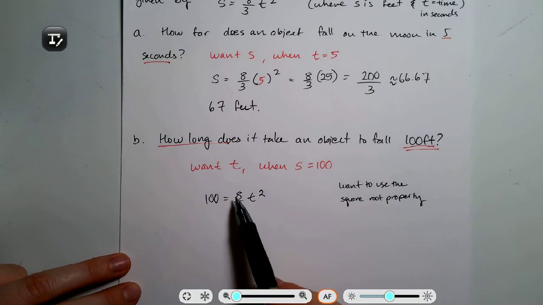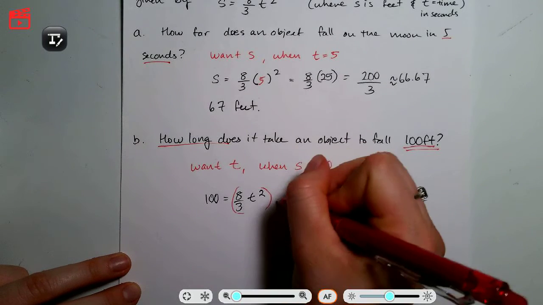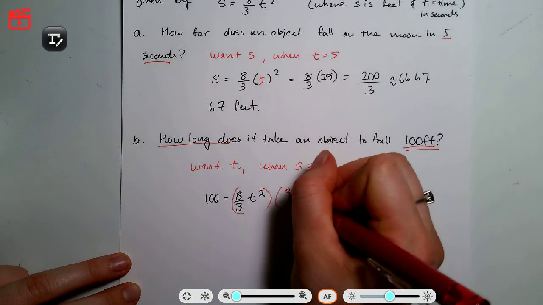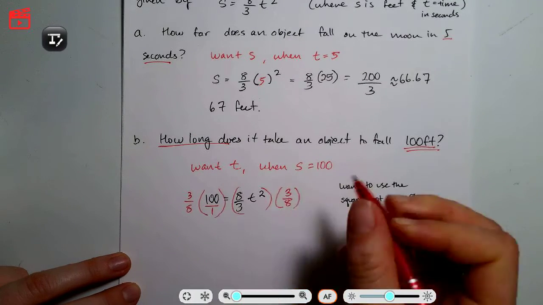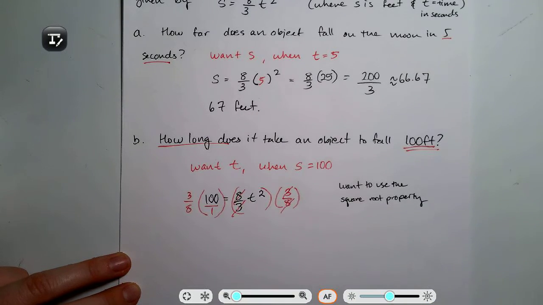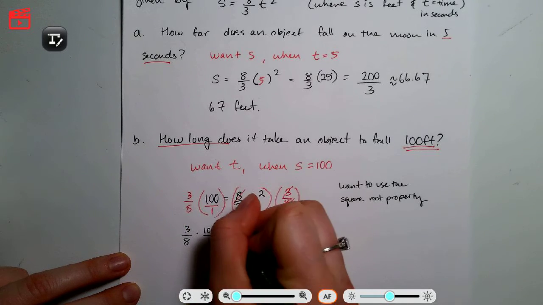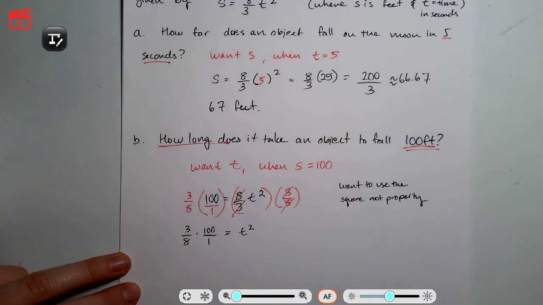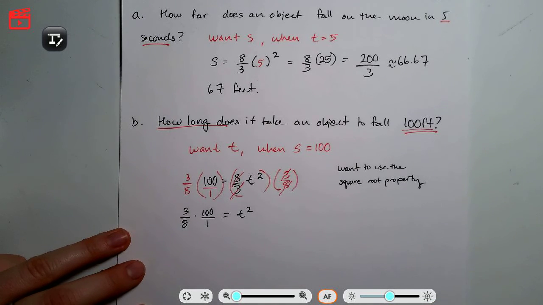To do that, I want to get my variable by itself, which means I'll multiply both sides by the reciprocal of 8 over 3, which is 3 over 8. Doing that cancels out the 3's and the 8's, and I'm left with 3 over 8 times 100 over 1 equal to t squared. Now I have my t squared by itself, and I'll square root both sides to solve for t.